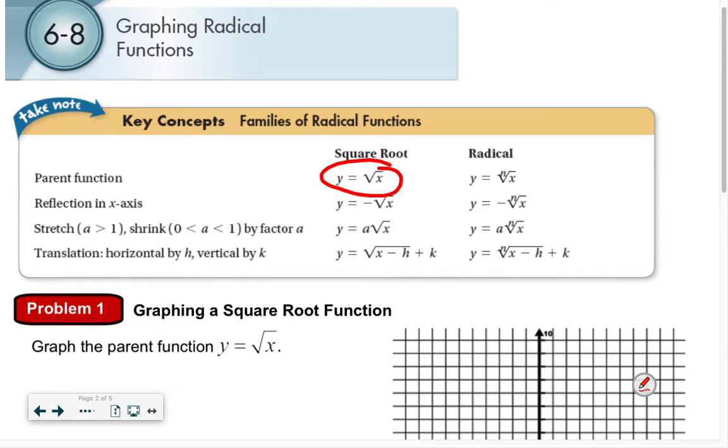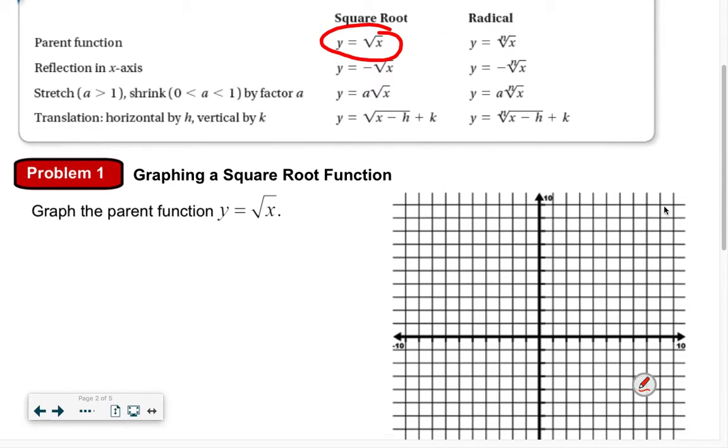And remember, if we have a minus sign inside, and now it's inside our radical, it used to be in our parentheses, that's our left, right. Remember, those are opposite. And then outside, plus is up, minus is down. So we're still using those same transformations as before, just a different parent function.